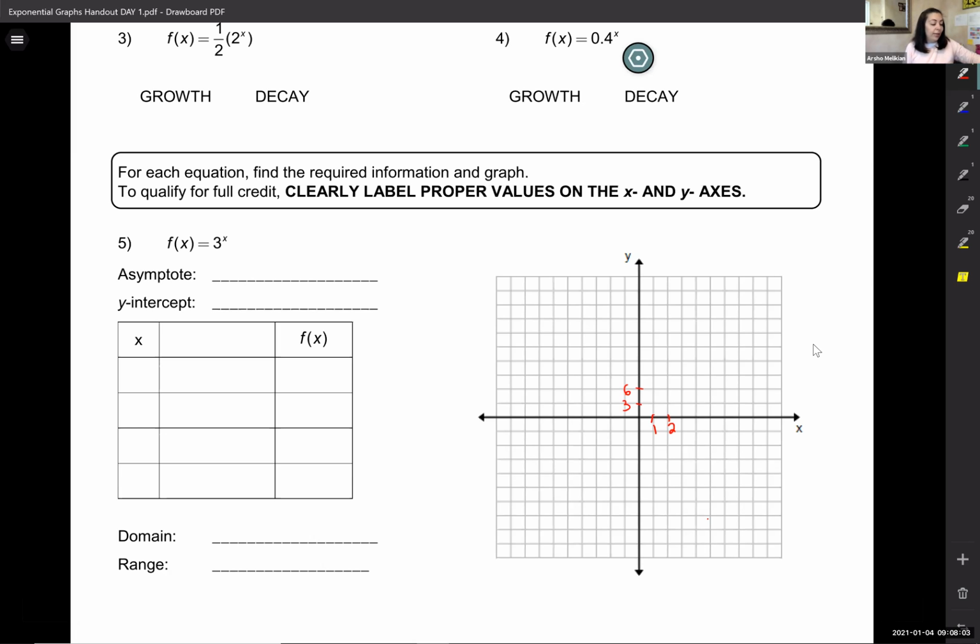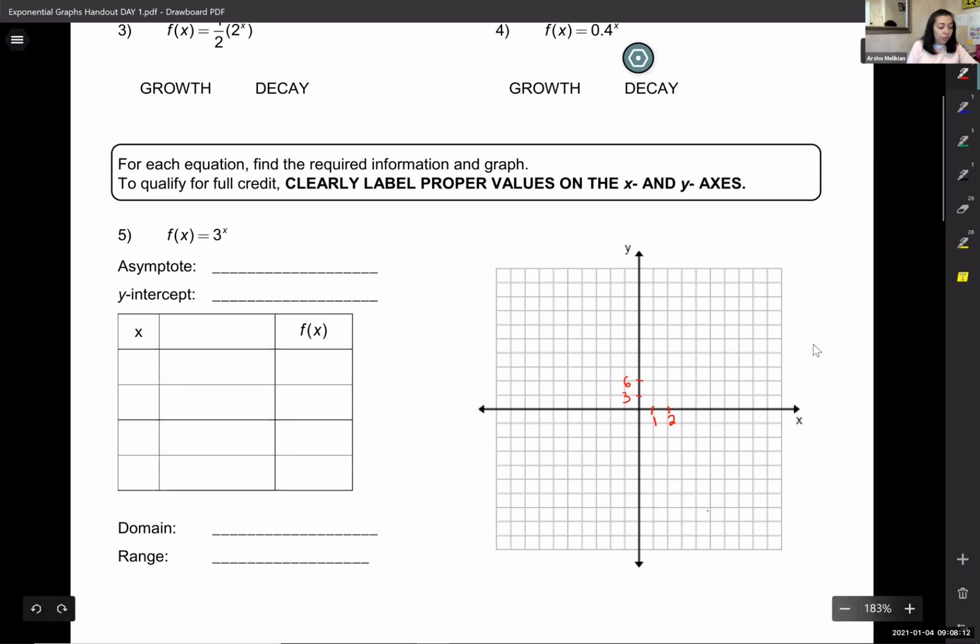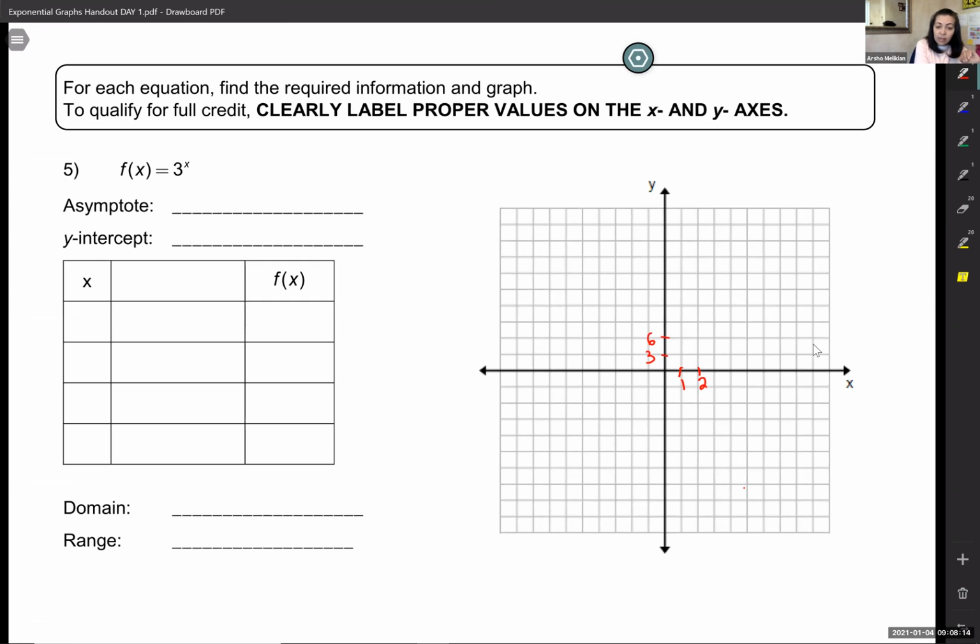Now, for this function, do you have to go up by threes? Not necessarily. I'm just using that as an example to show you how to label, right? And also, you can go up by ones on one axis and by twos or fives or sevens on another axis. So that's cool as well, okay? You just have to label.